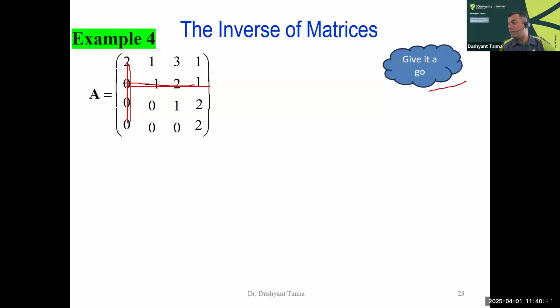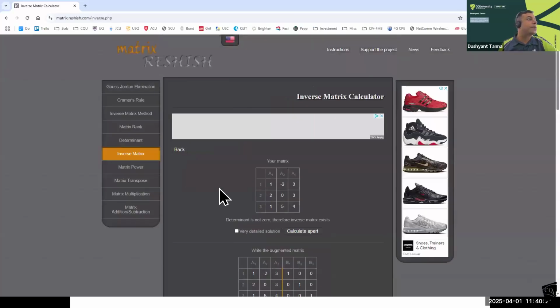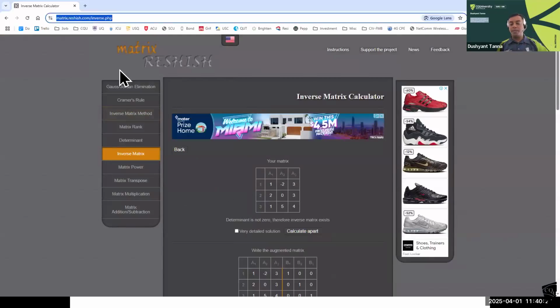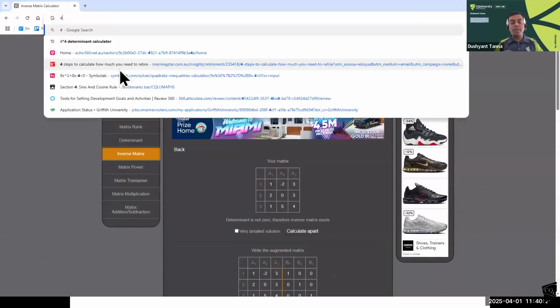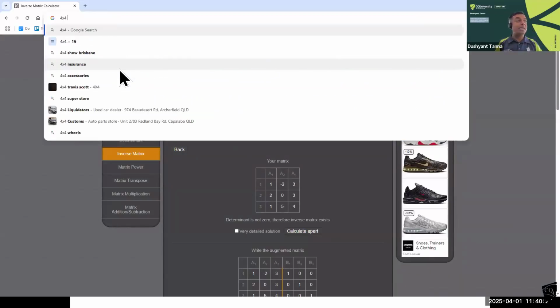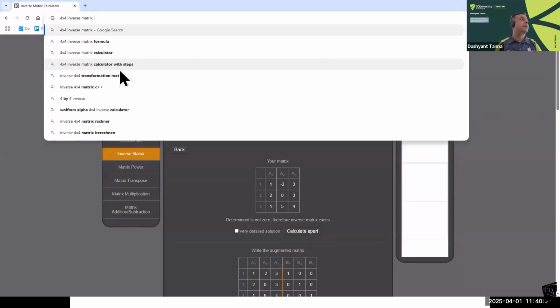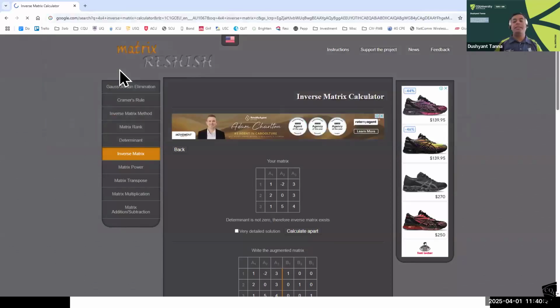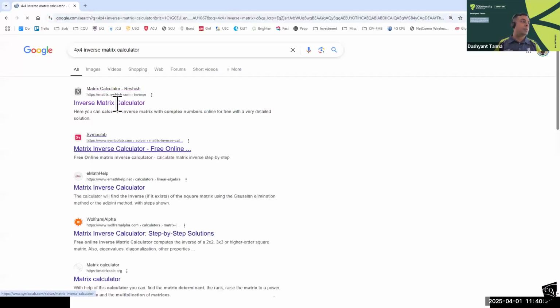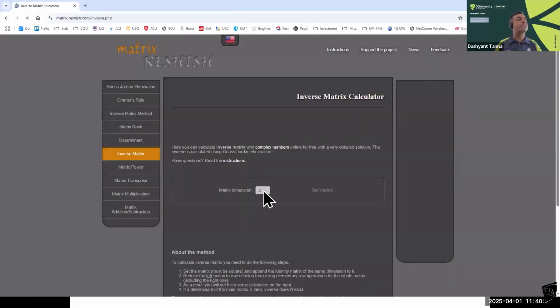One thing that I will tell you is that what I would do is go to a 4 by 4 matrix calculator. Okay, so you go here, a matrix calculator, whatever website, use it with utmost integrity.